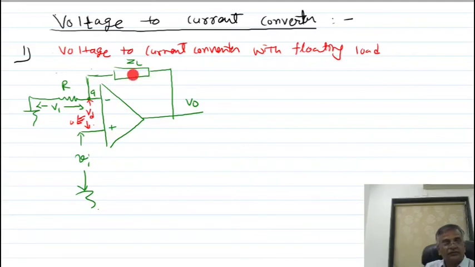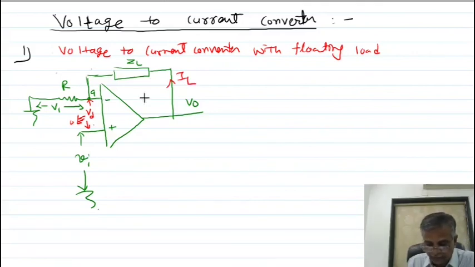So the current passing to the load depends upon the input voltage, IL proportional to VI, and IL does not depend upon ZL. Both of these I want to show.